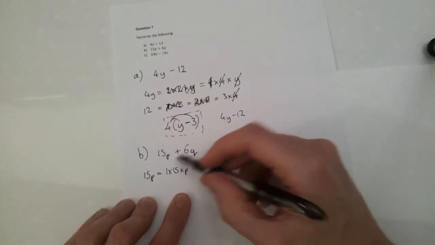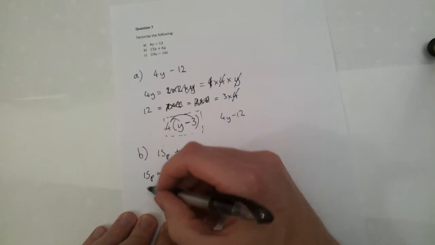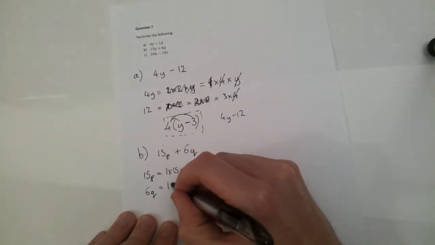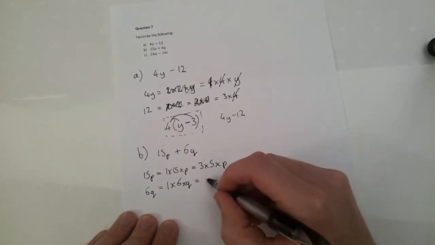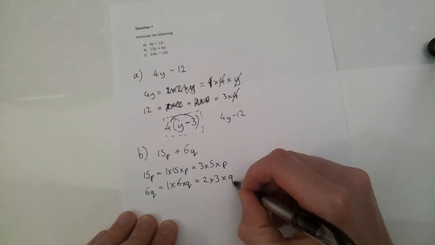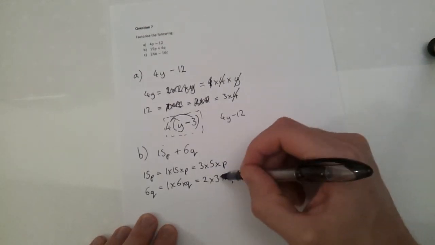And there's no other way of breaking that down, there's no other common factors involved here. So let's break the other one down, 6q. Now that could be written as 1 times 6 times q, or it could be written as 2 times 3 times q, like that. And we can't break that down any further.